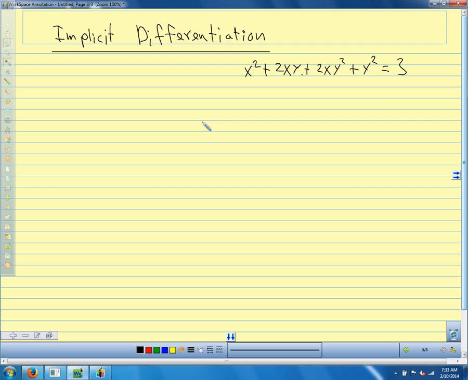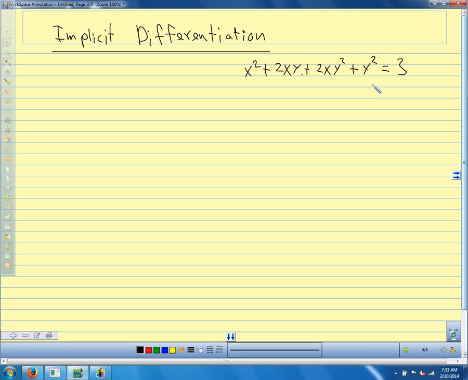And we wanted to find dy dx. That would be an example of when we had to use implicit differentiation. Because y is a function of x, but the way it's expressed here, it's not explicit. We don't have y equals something. And it would be very difficult to solve for y in terms of x here. So this would be an example of something we would use implicit differentiation.